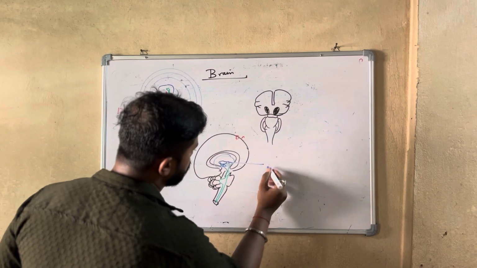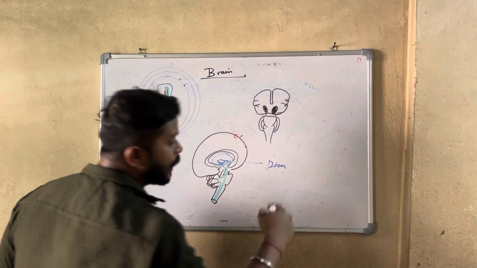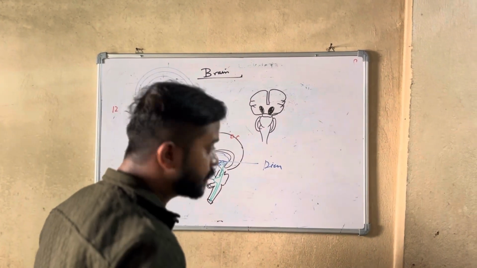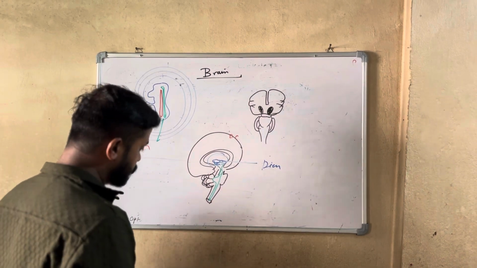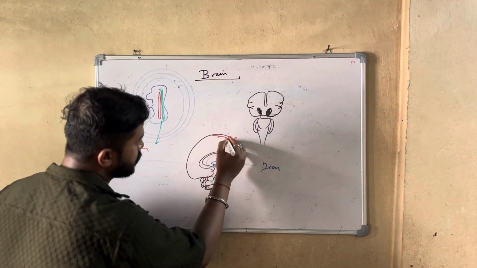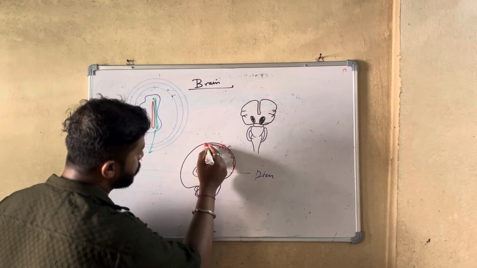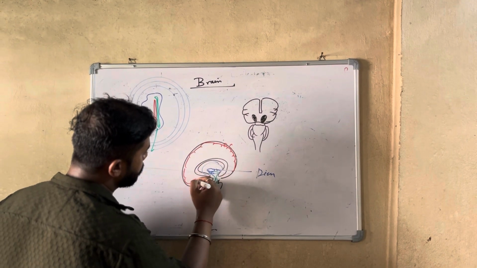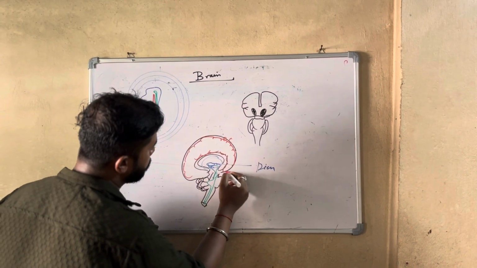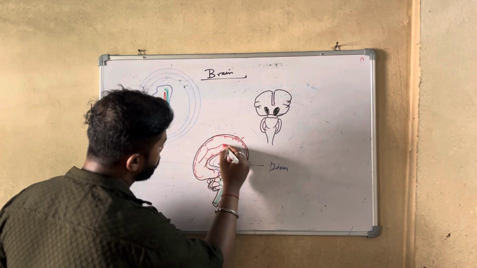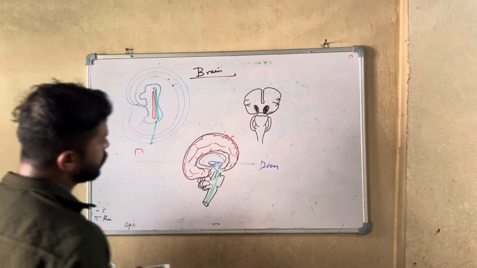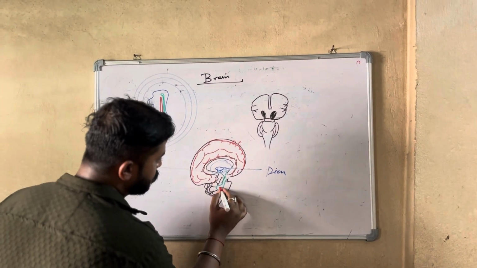It is the diencephalon. I will discuss the structure of the diencephalon later. Okay. It is the cerebral cortex. That is the fourth ventricle.